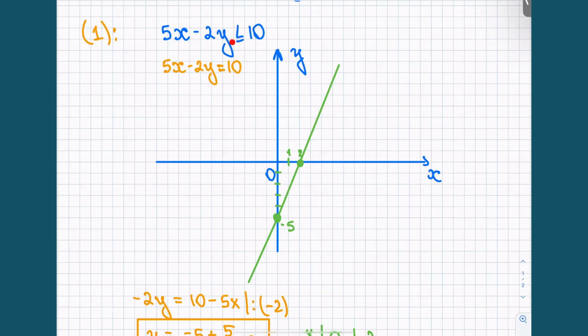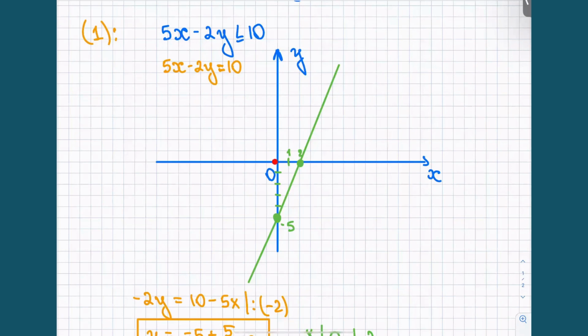If the inequality holds, then this point satisfies it, and it means we have to shade that side. If the point we pick doesn't satisfy the inequality, then we have to shade the other side.